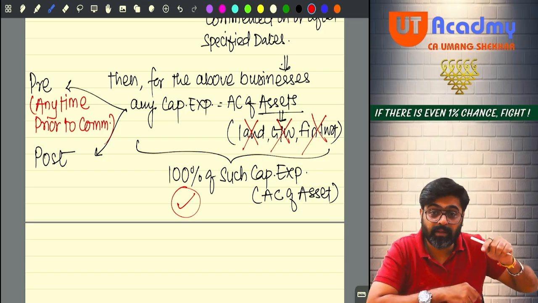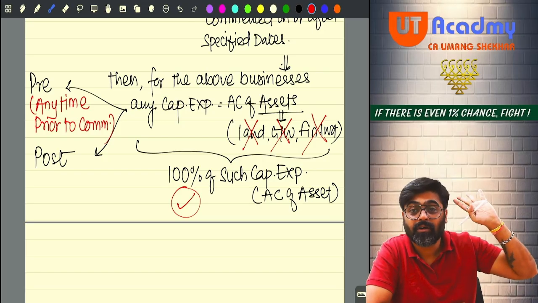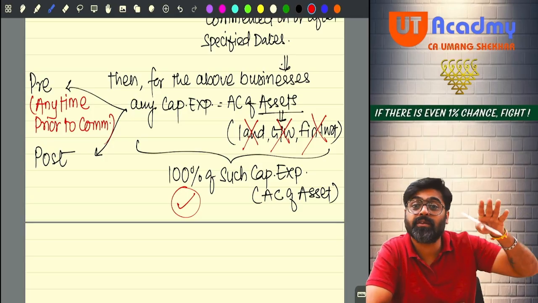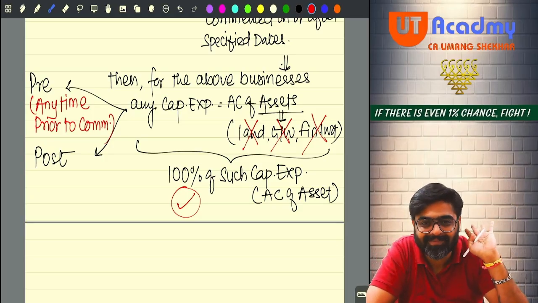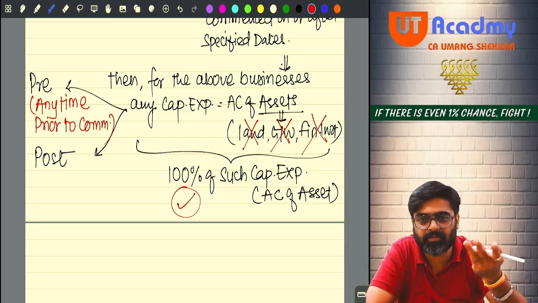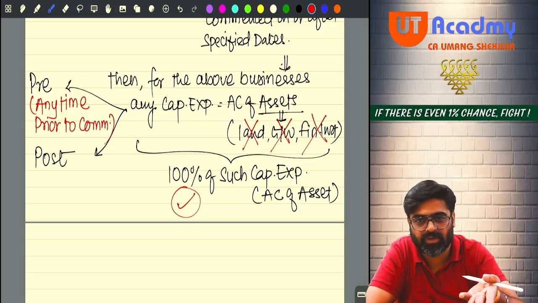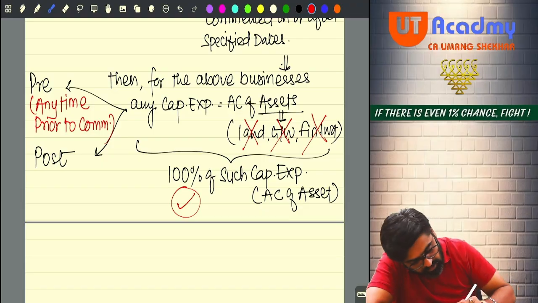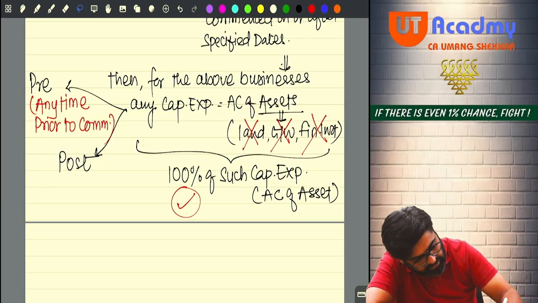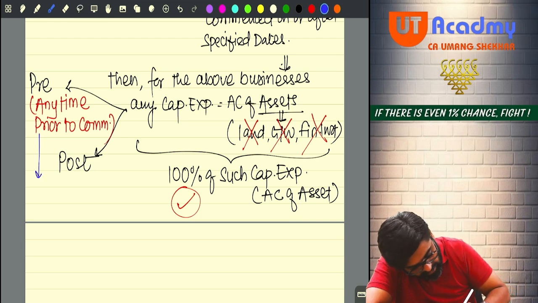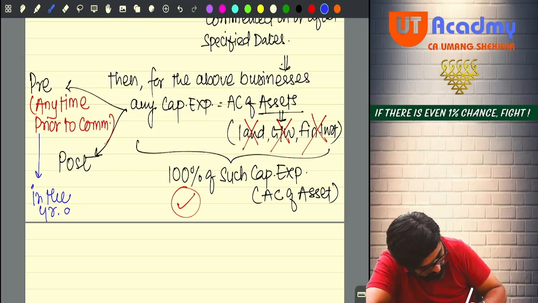This will be allowed in the year in which the business is commenced, assuming that this is the capital expenditure incurred in the year of commencement. Same, no? Pre-commencement expenditure will be allowed in which year? The year in which the business is commenced. So this pre-commencement expenditure will be allowed in the year of commencement.